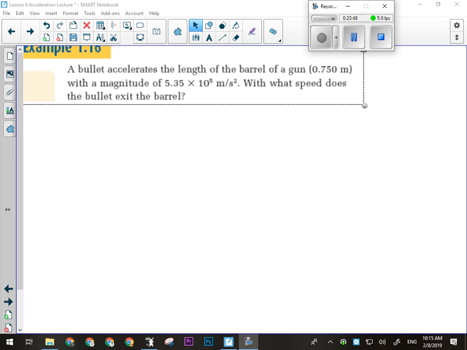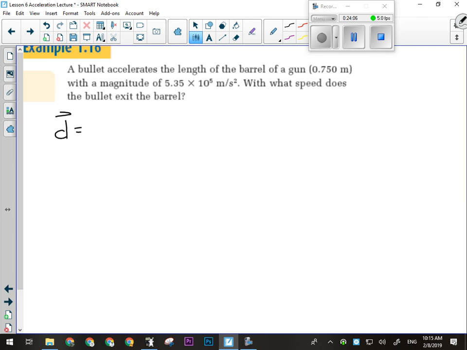On this question, we have the displacement of the bullet, which is the length of the barrel. When the gunpowder explodes, there's almost an airtight seal except for the rifling part, which allows the expanding gases to push on the bullet for the entire length of the barrel. So it's being accelerated over a distance of 0.750 meters, and we know that the acceleration is 5.35 times 10 to the 5 meters per second squared.